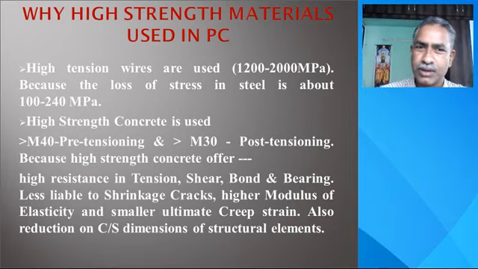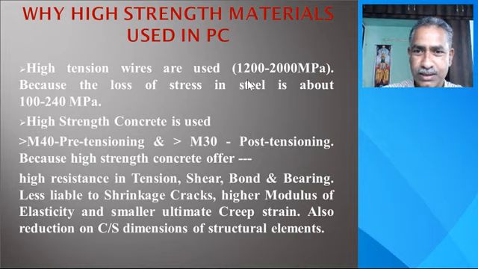Now in pre-stressed concrete, we use high strength materials. Both materials are high strength: high strength concrete as well as high strength steel. Why do we use this? First reason is that high tension wires are used.